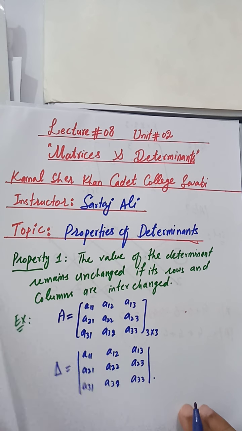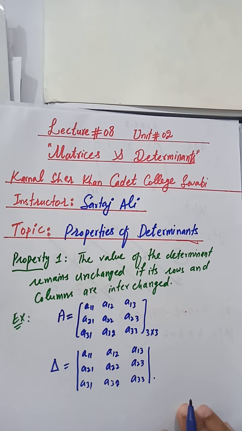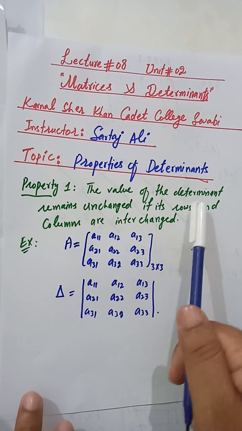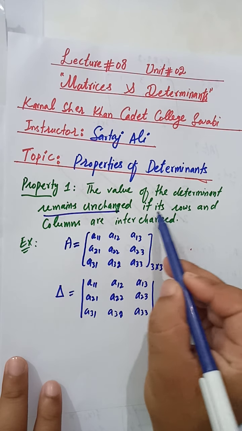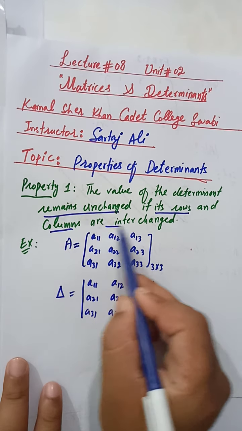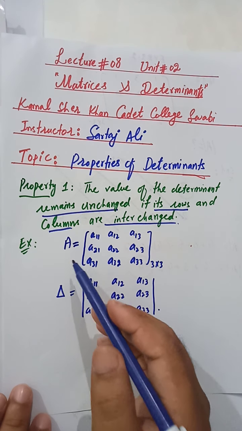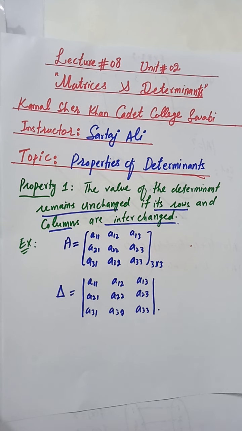Property number 1 says that if I change rows into columns, the value of the determinant remains unchanged. If you convert all 3 rows into columns or all 3 columns into rows, it will never affect the value of the determinant. This is actually the definition of the transpose of a matrix.